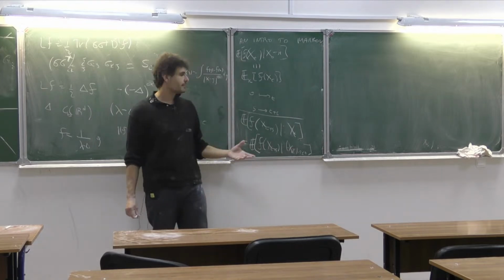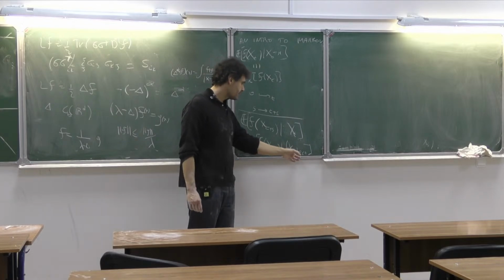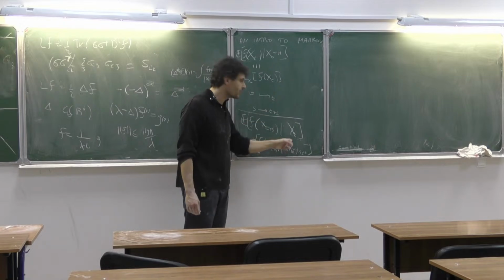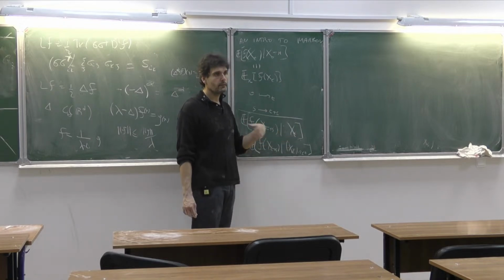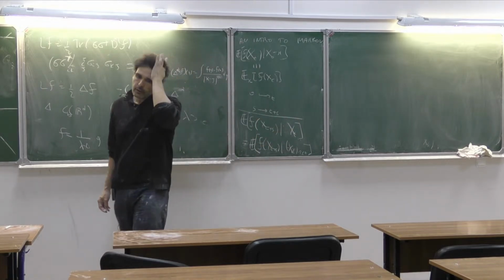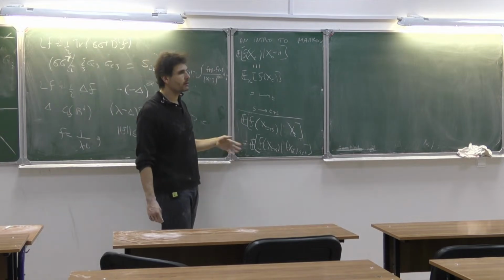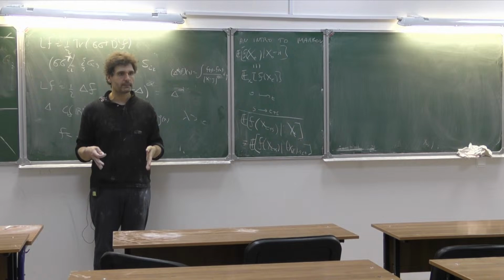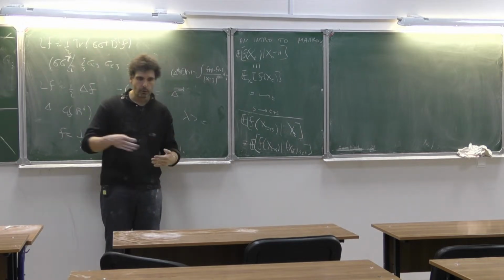So this is saying that the past before t and the future are independent conditionally on X_t, the present. Think of the market: if the process is Markov, the prediction you can do knowing the value of the asset today has the same accuracy as the prediction you can do knowing all the history of the asset.